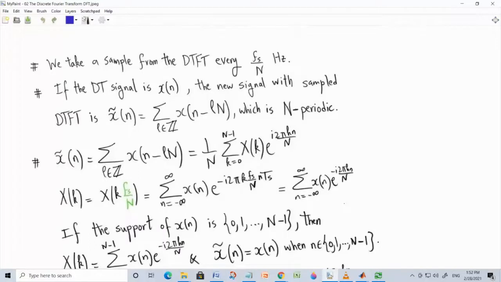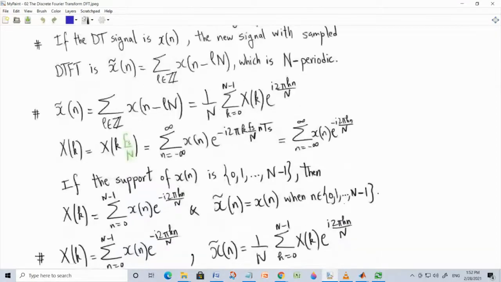We take a sample every fs over n. We can take a sample every fs over v with v greater than or equal to n, but we will fix v equal n. Now, your discrete time signal, we will assume is potentially non-zero from 0 to big N minus 1. When you discretize the spectrum, this signal will be periodized in the time domain.